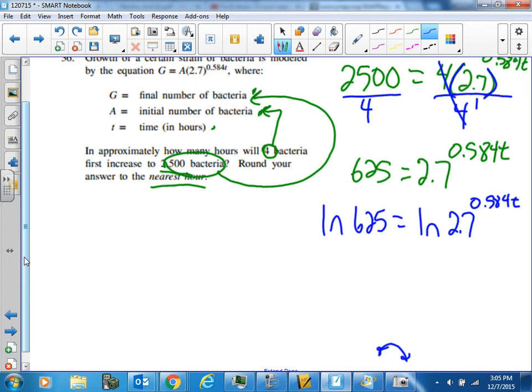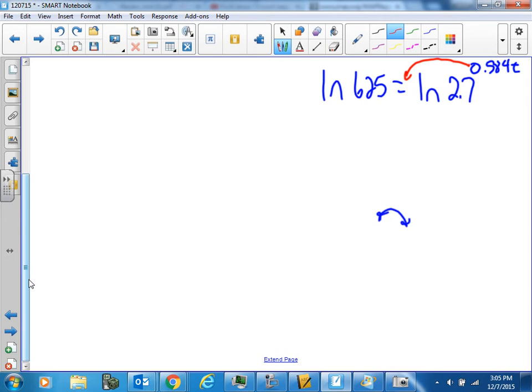And remember, whenever you log, one of the properties you can use is bringing down the exponent. So now we can bring down this exponent, and we end up with the natural log of 625 equals 0.584t times the natural log of 2.7.